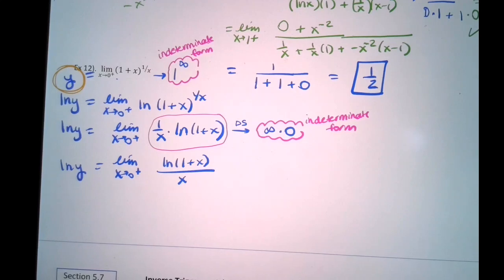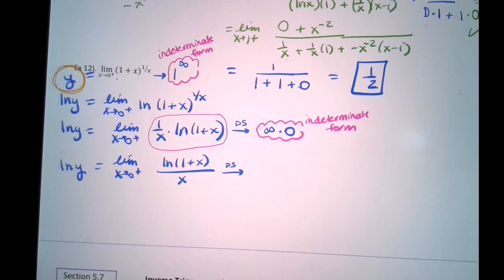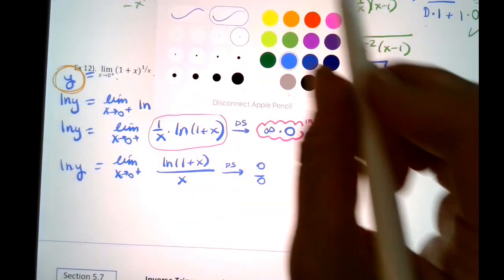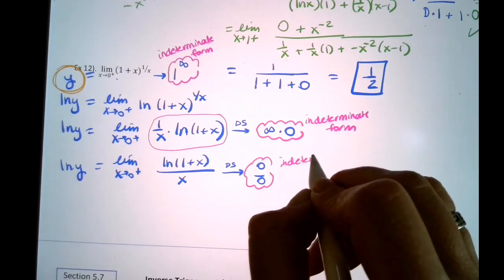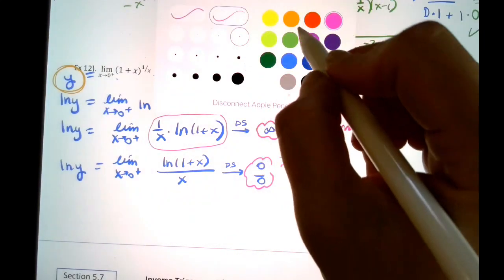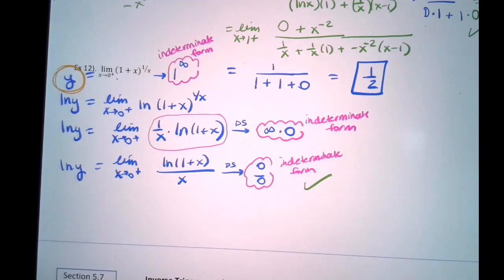And let's directly substitute here. When I plug in 0 for x, I get 0 over 0. This is exciting. You are not done. But you are now at a legal indeterminate form to say, yes, I am permitted to use L'Hopital's rule, and I will do that. Okay?